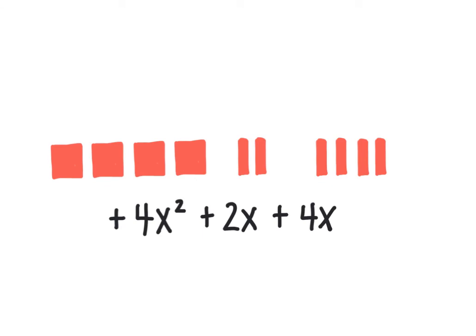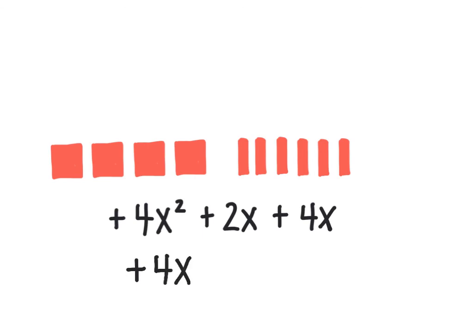At this point, we might recognize that those x tiles could actually have been placed together. We could actually relocate them so that all of those x's, because they're all the same, are right beside each other. If we were to do that, we would be left with positive 4x squared plus 6x. And what we've done there is we've combined these terms together.